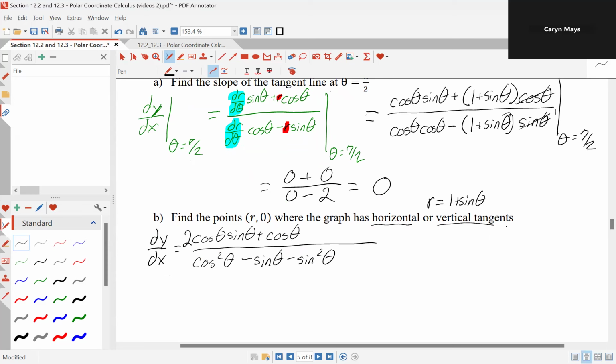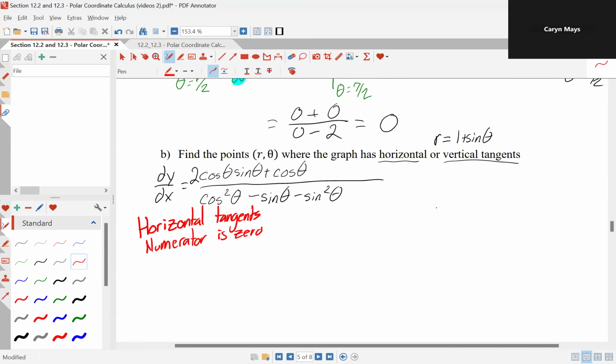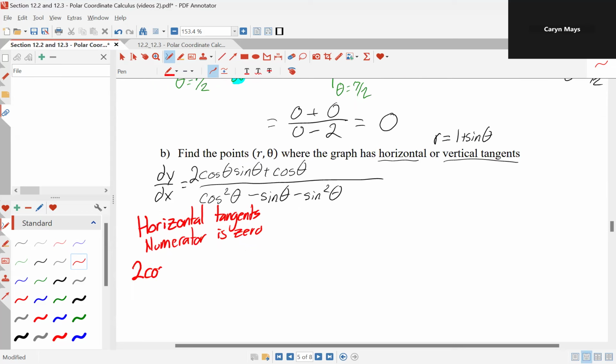Finding horizontal or vertical tangents. Horizontal tangents are when the numerator is 0, right? When we have a flat line. So I want to find that. I'm solving for when is 2 cosine theta sine theta plus cosine theta equal to 0.